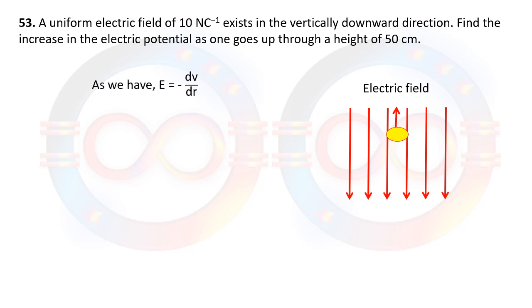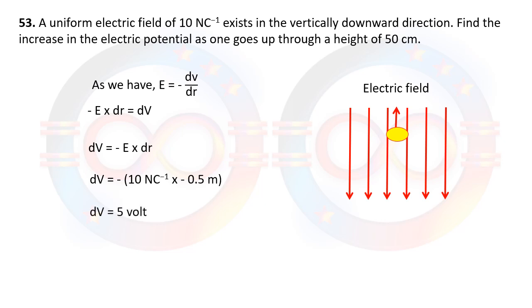The relation between electric field and potential is E = -dV/dr. So dV = E dr. Electric field and movement are in opposite directions, so minus and minus would be plus. The electric field is 10 Newton per coulomb. The displacement is half meter or 0.5 meter. So after multiplication, the increase in potential would be 5 volt.